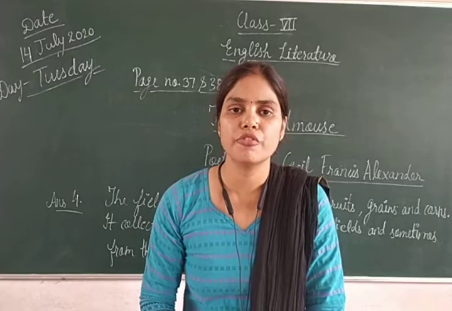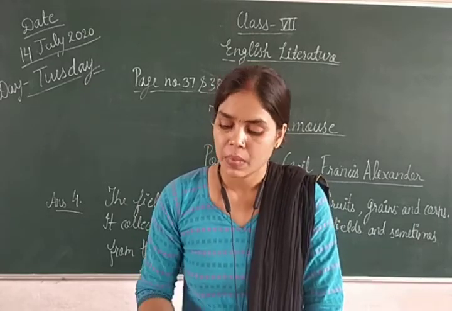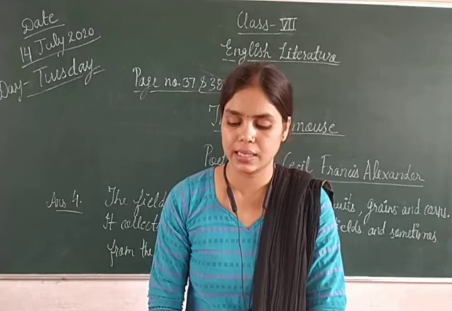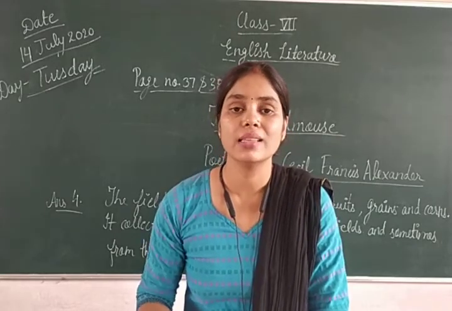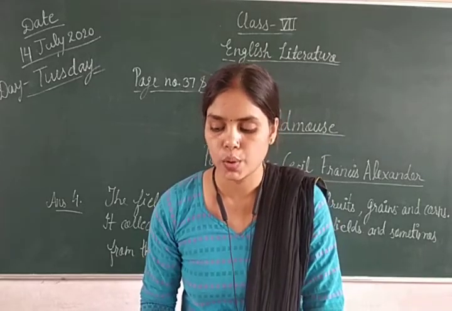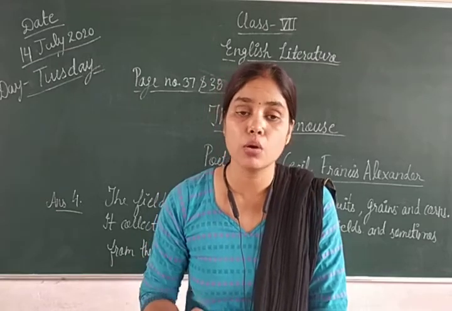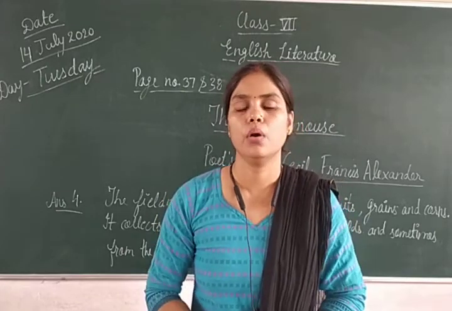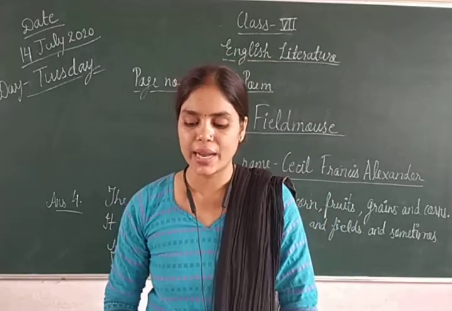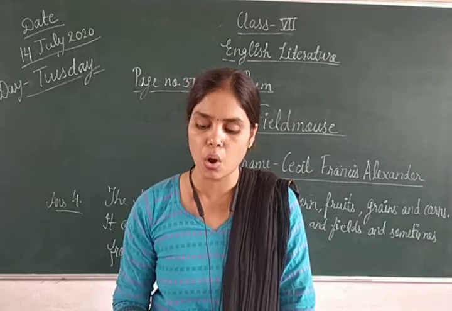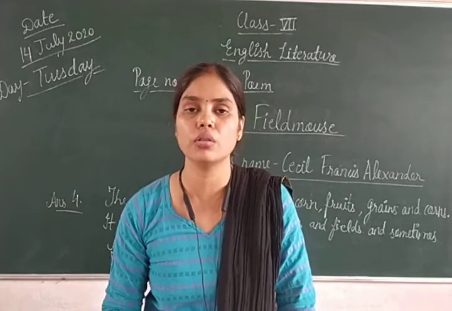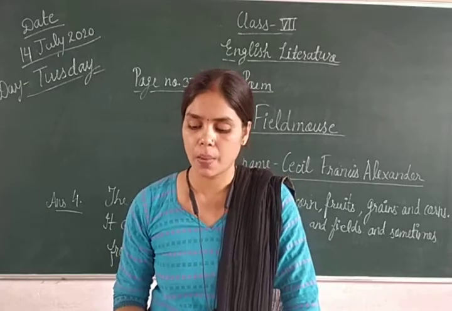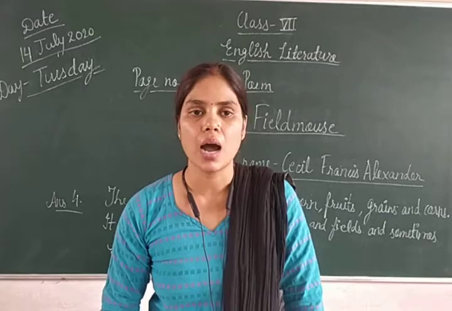The poet advised the field mouse to make its hole among the moss under the tall oak and play harmlessly in its shade or on the sunny meadow, but to avoid the corn and house of the farmer to prevent any harm befalling him. All right, so this is the answer.